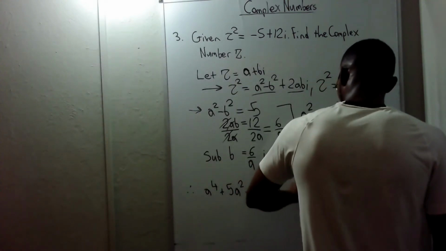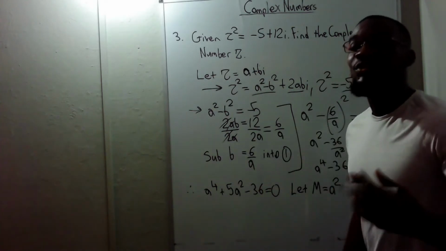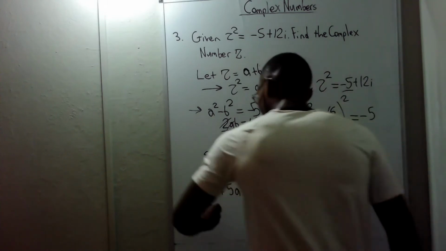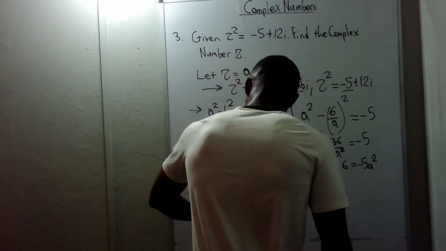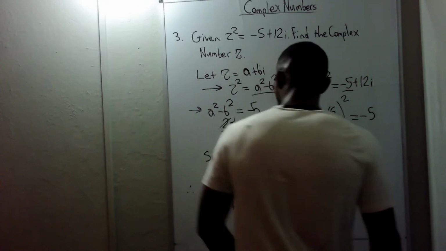Let m be equal to a squared. Don't use my letter, use another letter. If we call a squared m, this is really m squared plus 5m minus 36 equals 0.